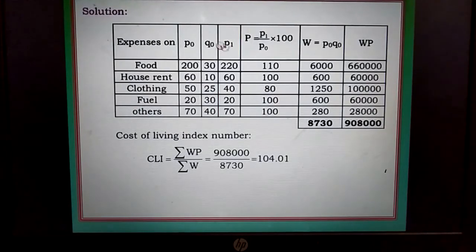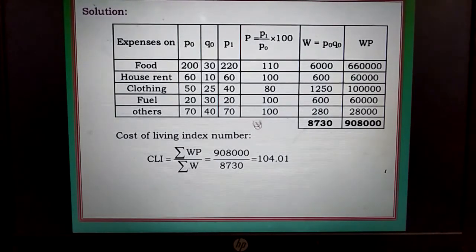So here that calculation has been executed, students. These are the given aspects. P is calculated and W is assumed as P naught Q naught. And then WP is also considered. These two sums have been taken. And in the formula it is substituted and the final answer has been calculated.